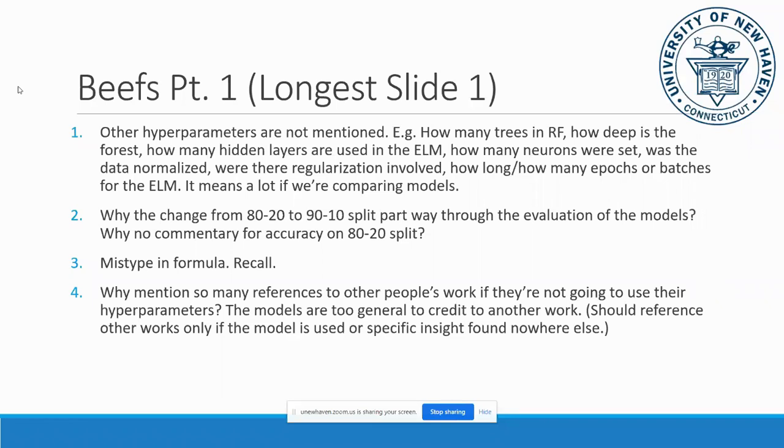Four, what really bothered me sometimes was they referenced so many other papers in this paper, but they didn't use their hyperparameters. And I thought they were crediting so many things to these papers that were very generic, like SVM doesn't scale well. I'm like, yeah, I thought that was pretty basic, but I don't know.